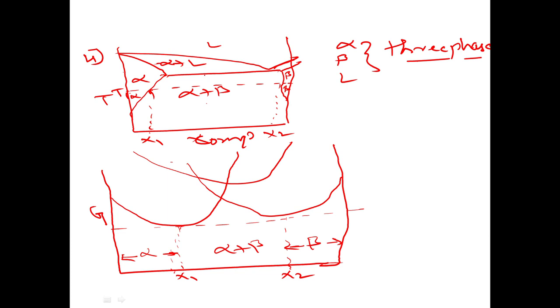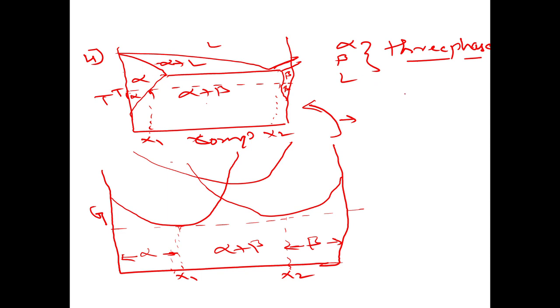In actual cases, we get these phase diagrams with the help of this G versus X graph. But in our case, for learning purposes, we are getting the phase diagram into a G versus X graph. In the real case, we will get this graph at a given temperature, and then we will draw the phase diagram.